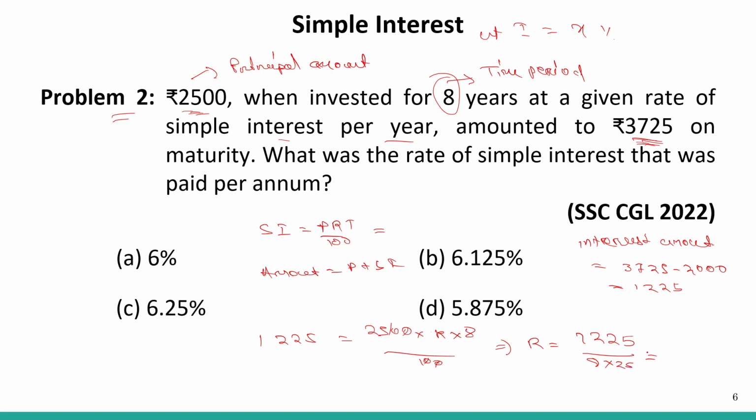So this will be, I think, 49, and this will be just above 6%, because if we divide it by 2, it will be 24.5, and this will be 4. So it will be 6.125%.